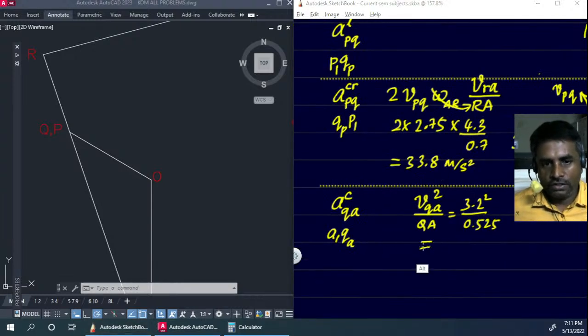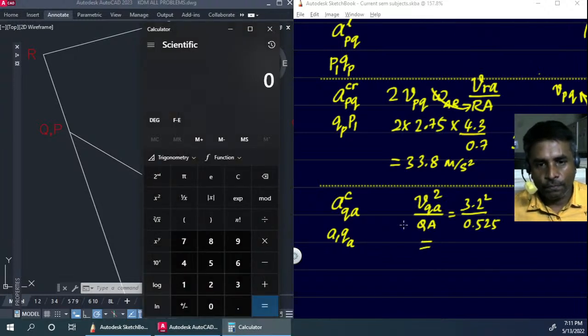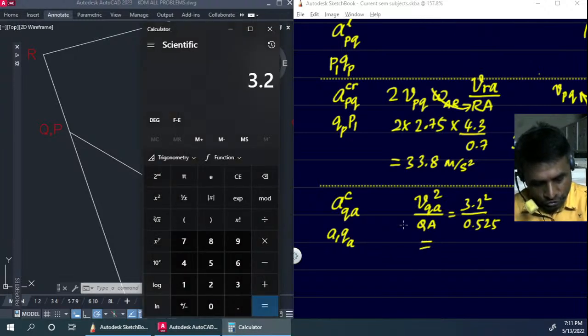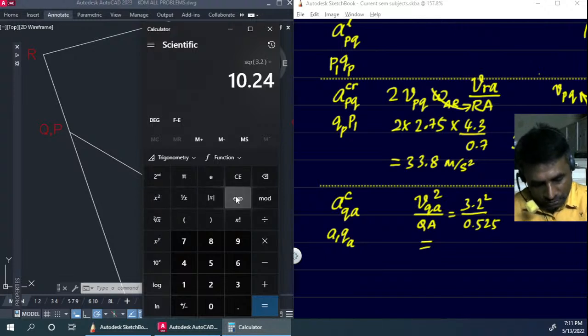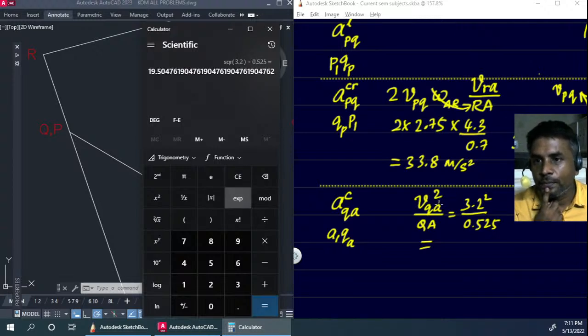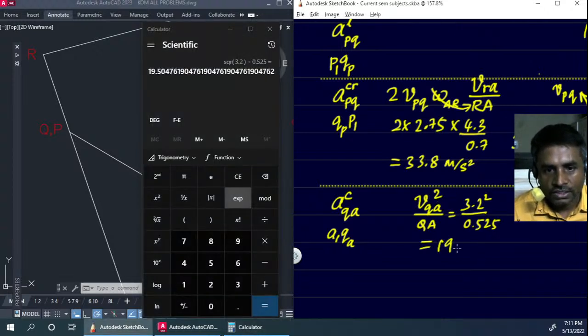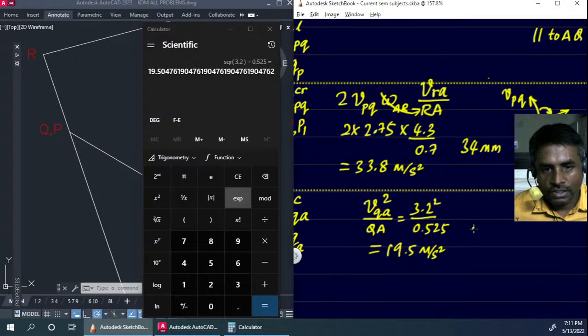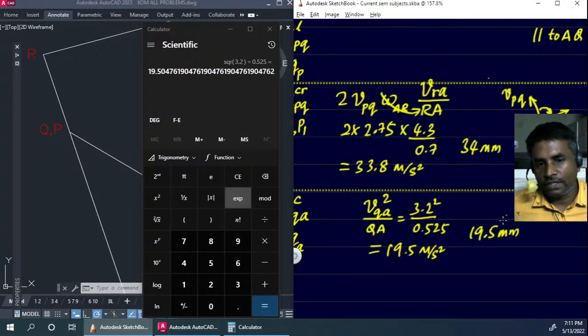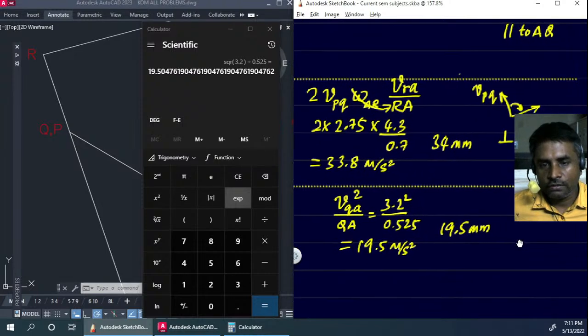So doing the quick calculation, we will get its magnitude as 3.2 square divided by 0.525. So that's giving us 19.5. This is the value in meters per second square, and when we take it in the diagram, we can take it exactly the same in mm, because the scale factor is 1, as we have seen already.